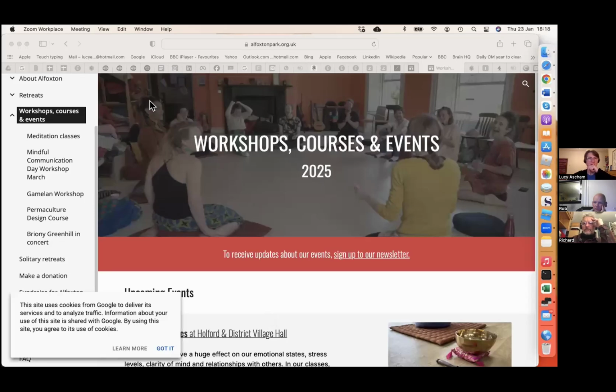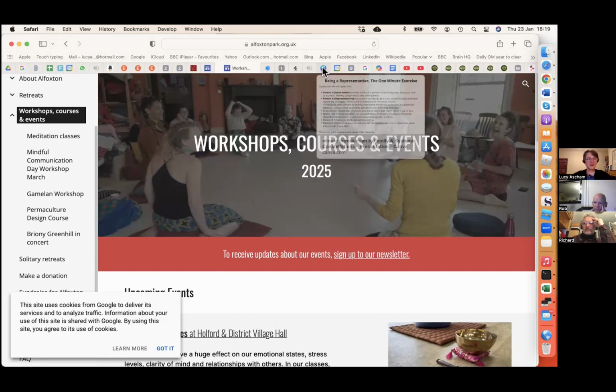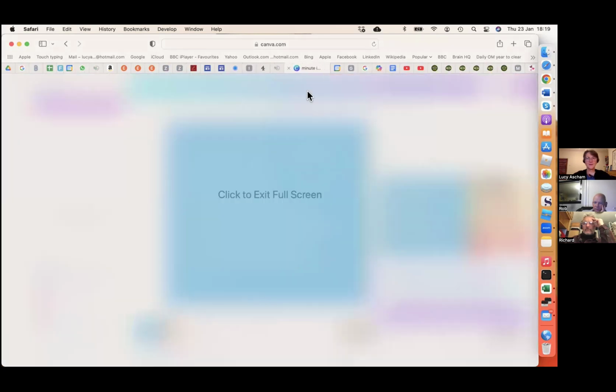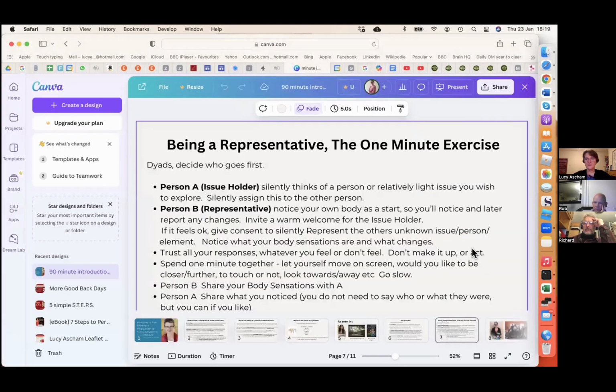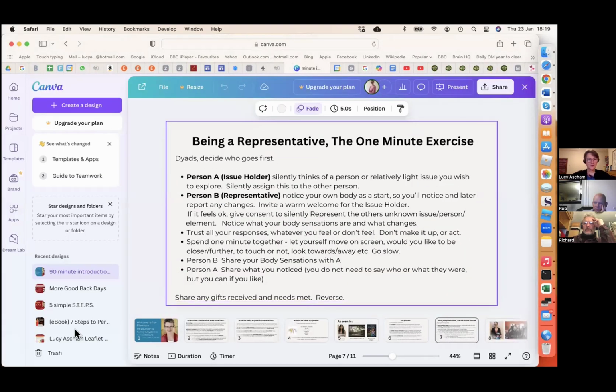I think I was looking at something else during the break, so now I have to find my slideshow again. Our Foxton Park house, where I'm due to be giving a workshop in mid-March. There we are.